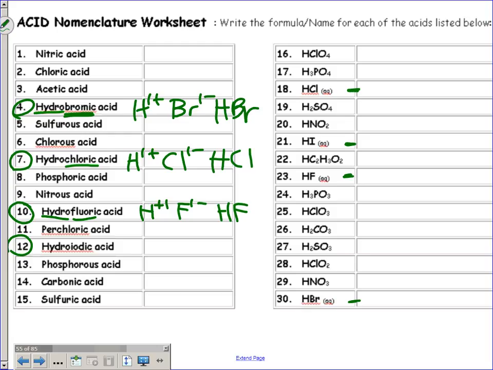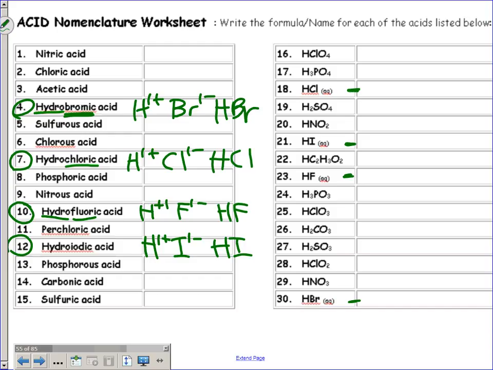Number 12, hydroiodic. What's the nonmetal involved? Iodine. So that's H1 plus with iodine, which is I with a charge of 1 minus again, crisscross 1 and 1, HI. And that's it for the hydros, right? That's all the binary ones on this side, meaning 2 elements.